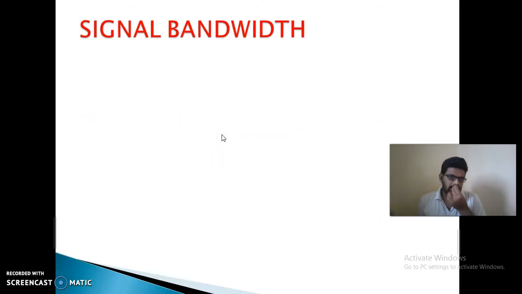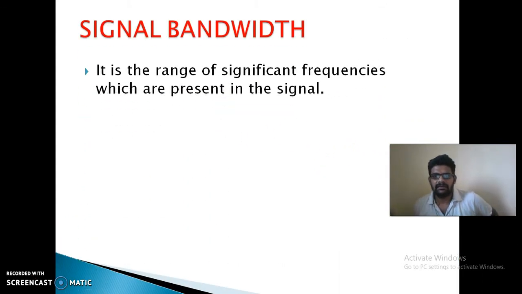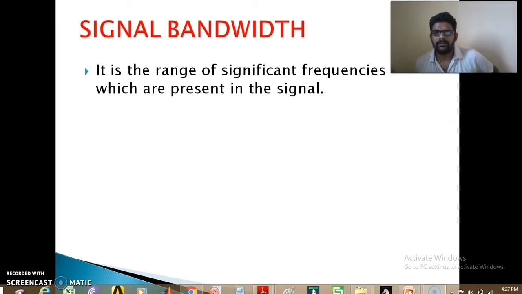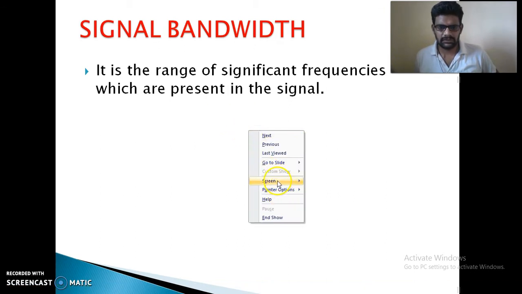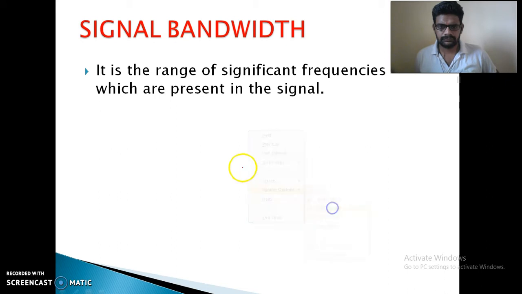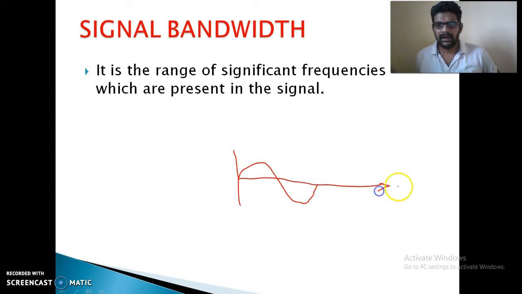Signal bandwidth: a band of frequencies. Generally any signal will have a number of frequency components. For example, if you draw a signal like this, ideally you will draw only one frequency component.